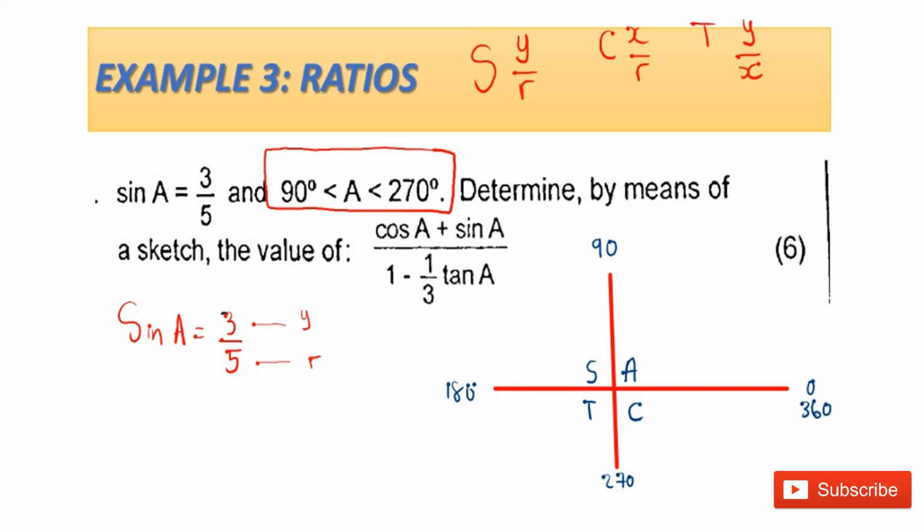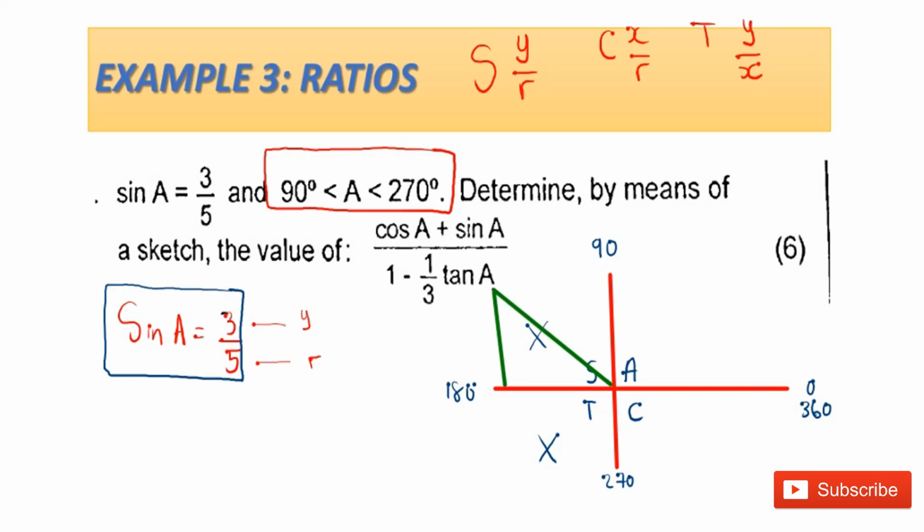Greater than 90, so that's there, but less than 270, so that's there. Those are the two quadrants we are working in. Sine of A is positive 3 over 5. Where is sine positive? In your second quadrant.